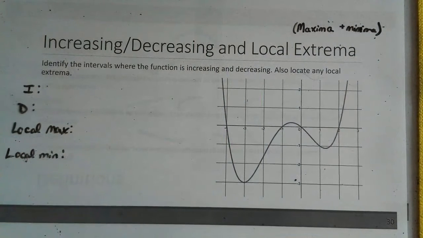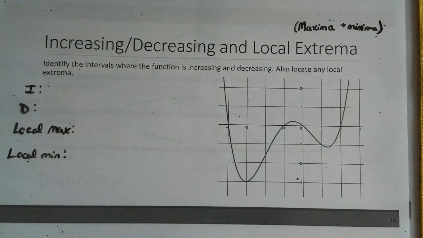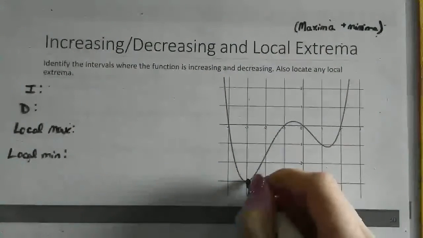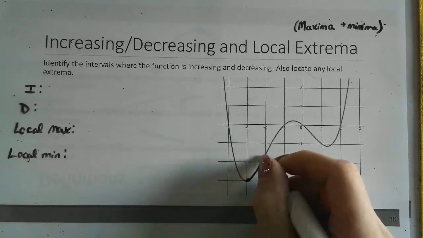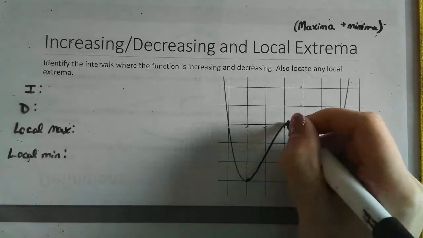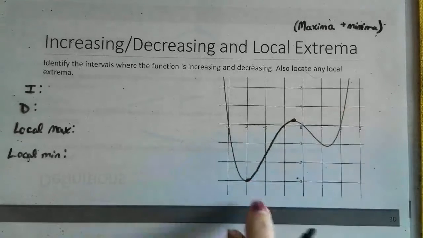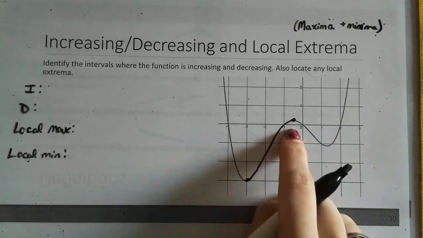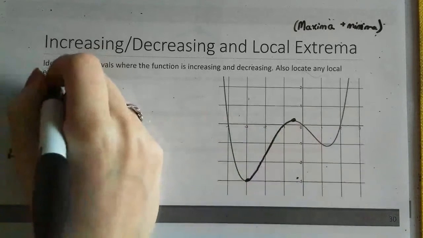So let's start with increasing. Increasing means we're going upward. So it looks like we start increasing here, and we're going up, up, up, and then we stop going up. So we are increasing from x equals -3 until x equals -1/2.